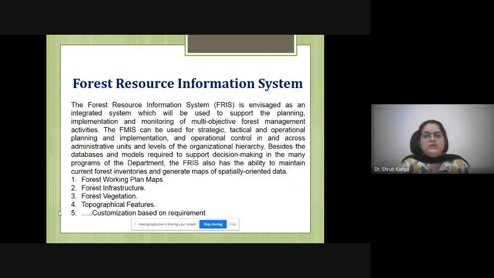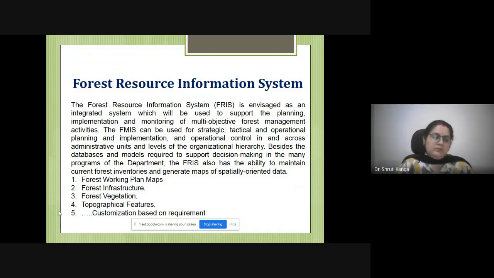Okay, so based on different layers or different parameters, this forest resource information system also helps us in updating and managing different inventories related to the forest, and also generating the spatially distributed maps of those inventories, which are related to the forest working plan maps, forest infrastructure mapping, forest vegetation related inventories, that is the density and what are the different species in that particular forested area, and then of course the topographical features, and finally the customization based on the requirement.